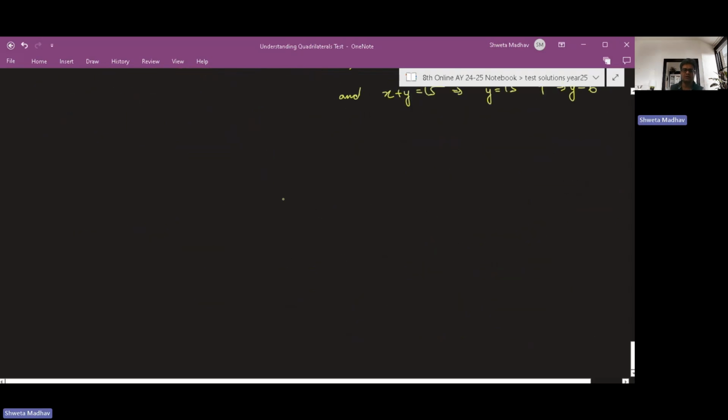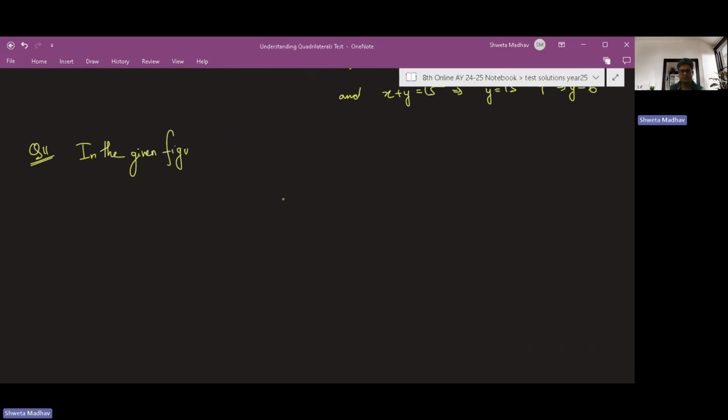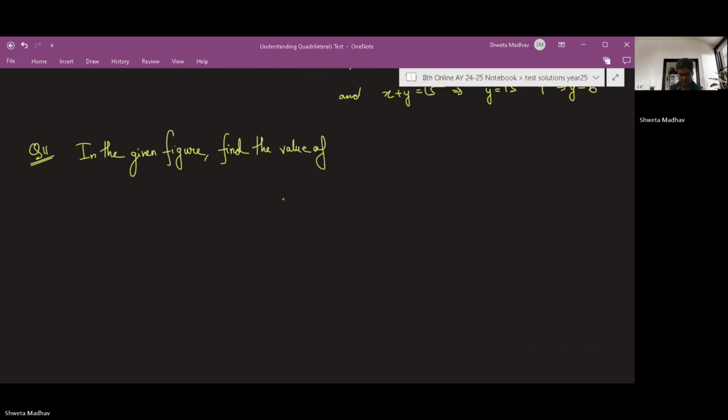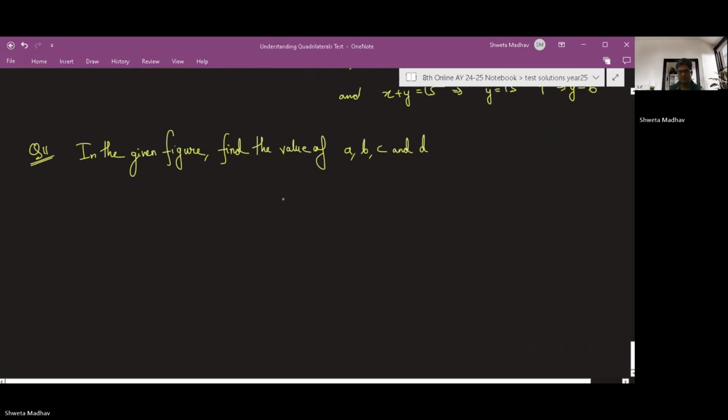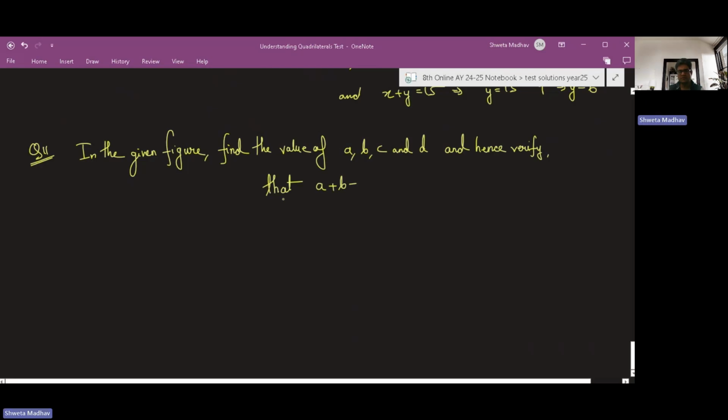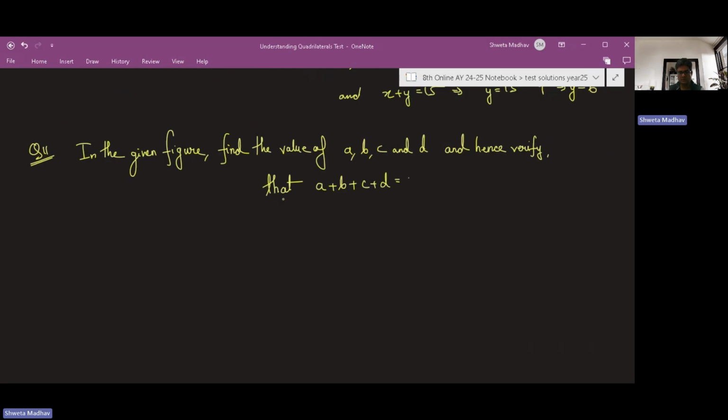Then in question number 11, it is told that in the given figure, find the value of A, B, C, and D, and hence verify that A plus B plus C plus D is equal to 360 degrees.